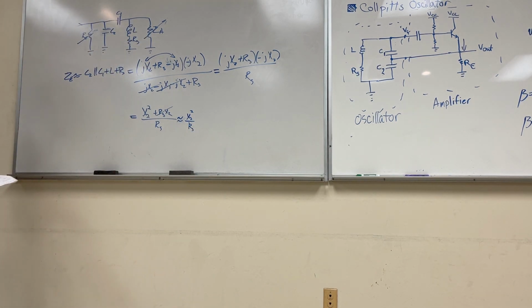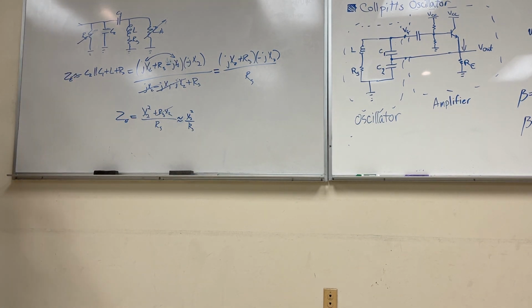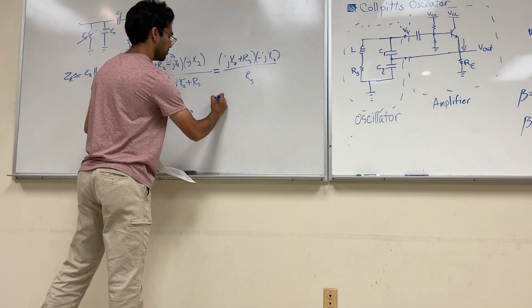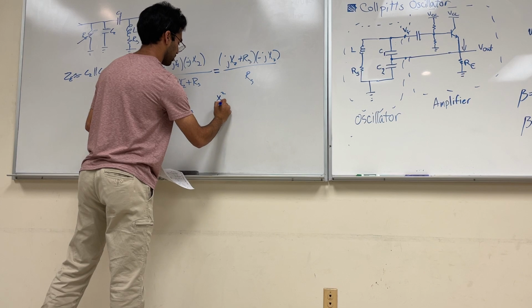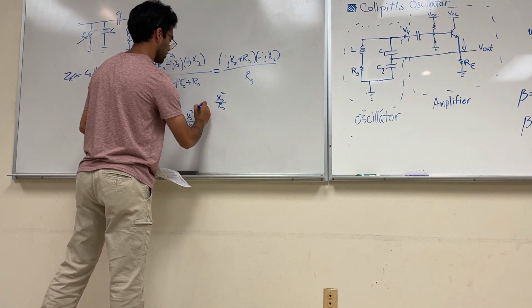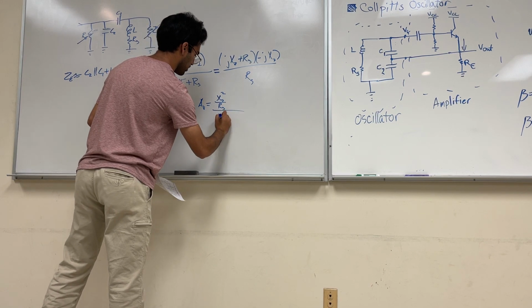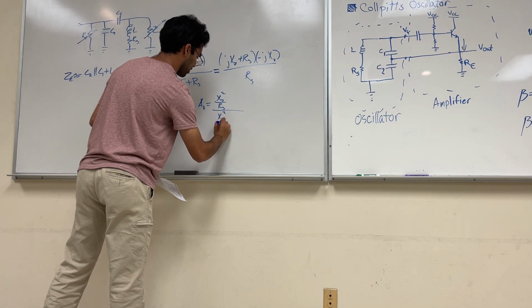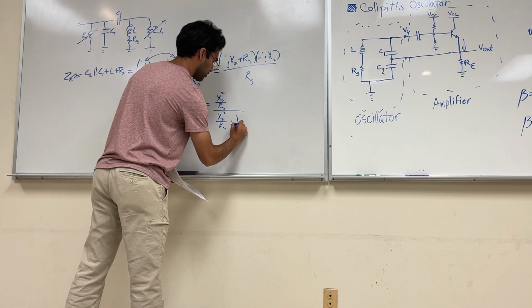Given this, you can plug ZE back into the gain of our amplifier, which is X2 squared over RS. So AV equals X2 squared over RS over X2 squared over RS plus 1 over GM.